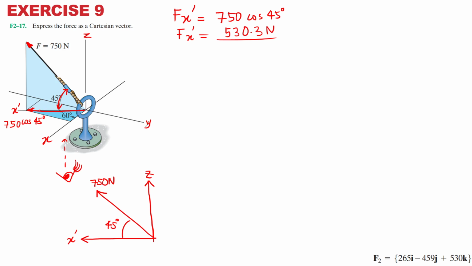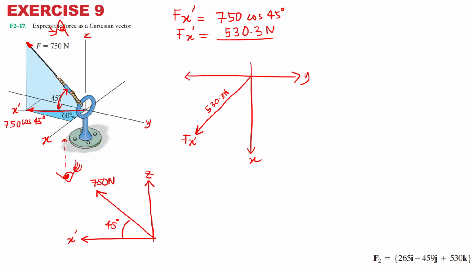Now if you look at it from the top, you're going to be looking at this axis. This would be your Fx prime, which is 530.3 Newton. This would be your y-axis, this would be your x-axis, and this would be your negative y-axis. This is looking from the top.